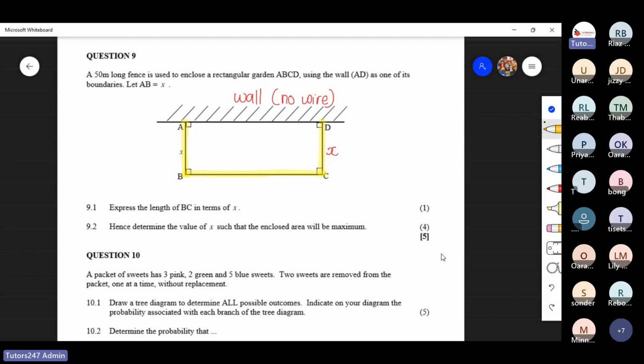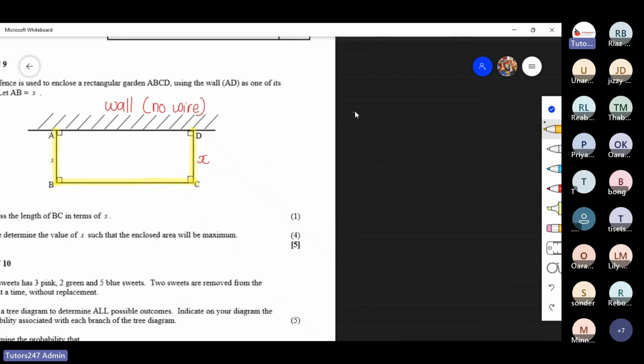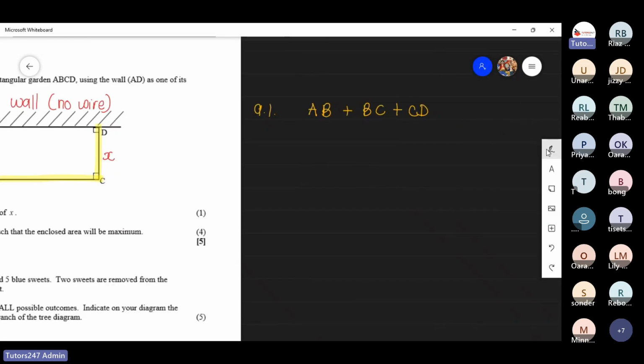We know that AB plus BC plus CD is equal to 50 meters, because there were 50 meters of wire fencing used to enclose that area. So we can use that equation to find BC.